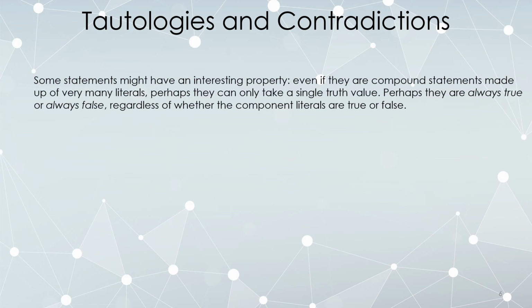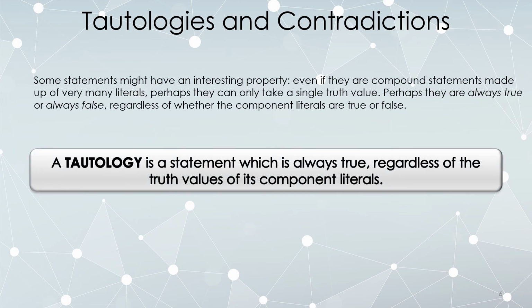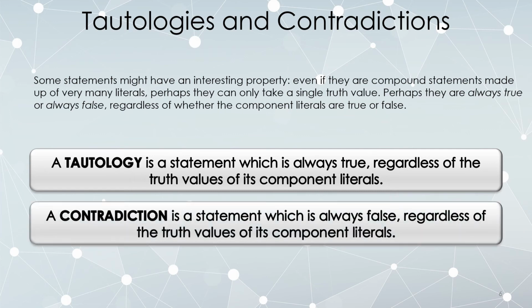In other words, regardless of whether the individual literals were true or false, the compound statement you construct is always true or perhaps always false. A tautology is a statement that is always true. A contradiction is a statement which is always false. These are very special statements that have some very interesting uses. If you can make a statement that is always true no matter what, it's called a tautology. If you can make a statement that is always false no matter what, it's called a contradiction.